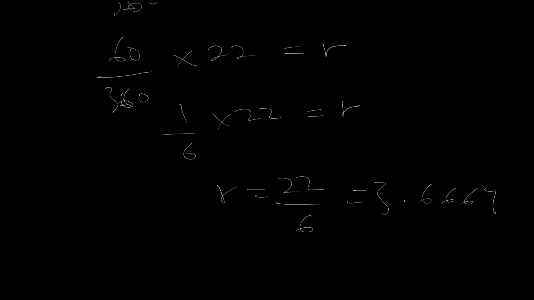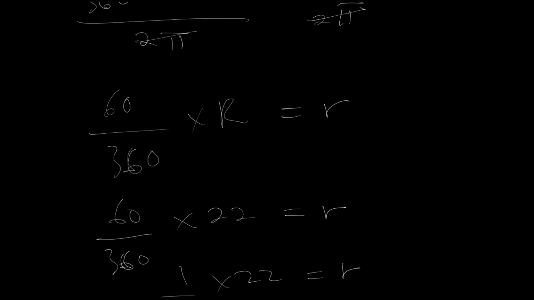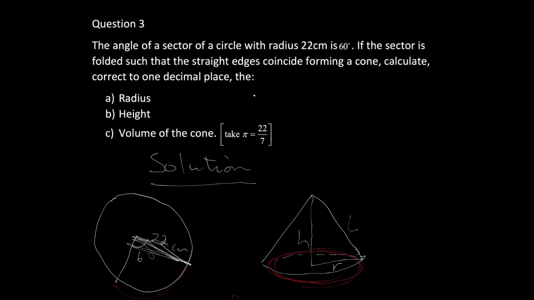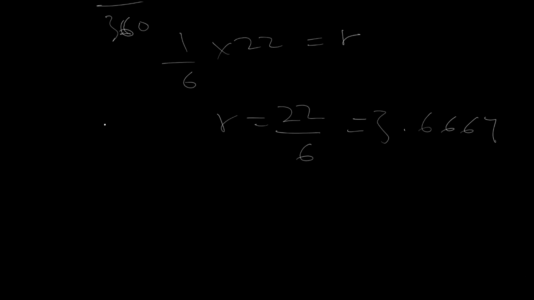But the question says calculate correct to 1 decimal place. So to 1 decimal place, our r becomes 3.7 centimeters.